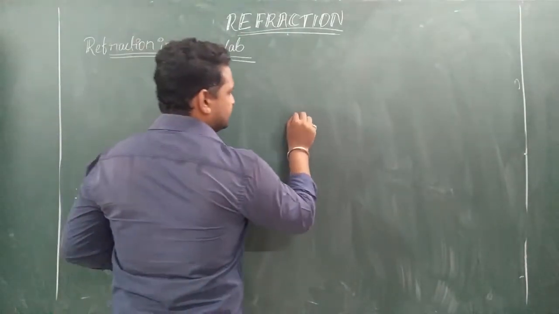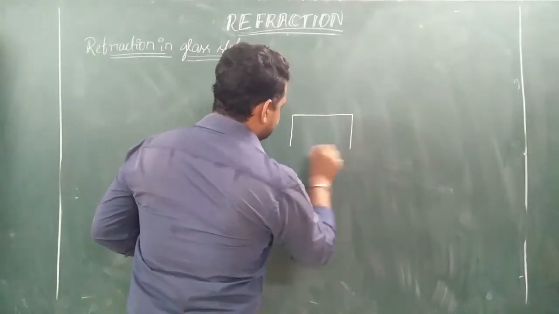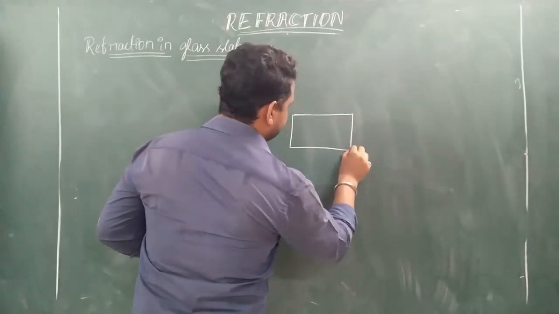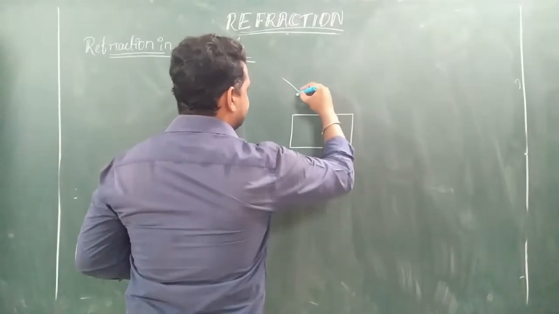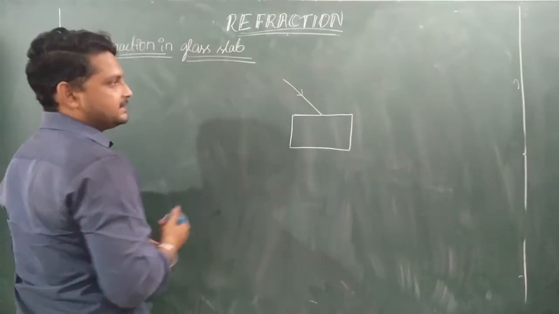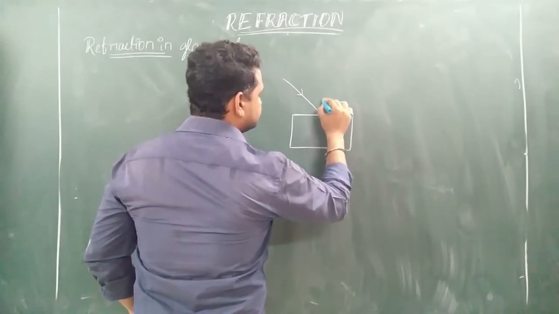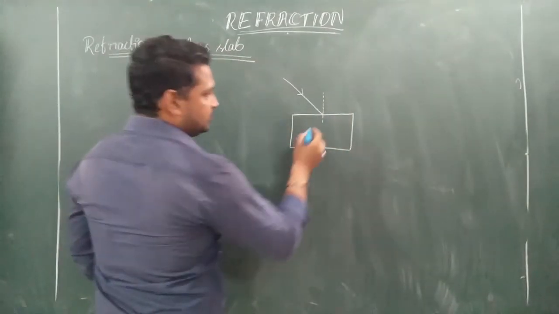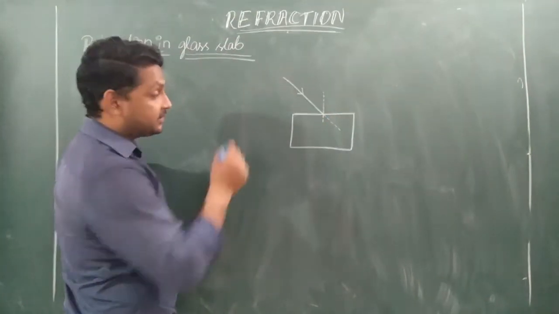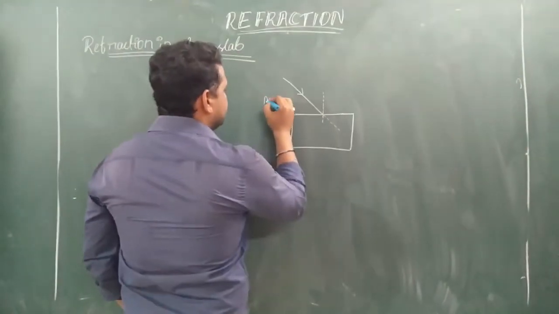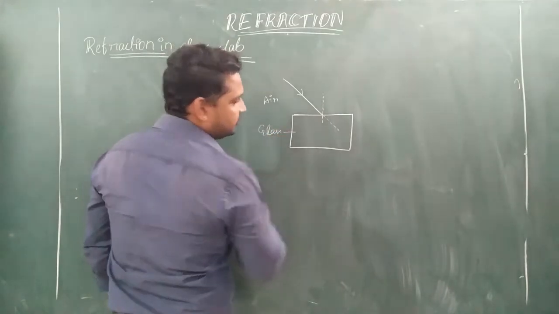So let's see how lateral displacement happens. Consider a rectangular glass slab. This is the incident ray incident on this surface, and this is the normal. This should be the actual path the light ray would have followed, but this is the air medium, and now light is moving from air to glass.